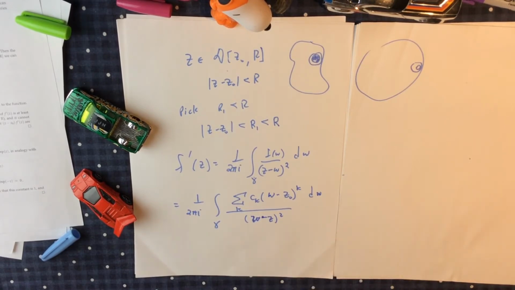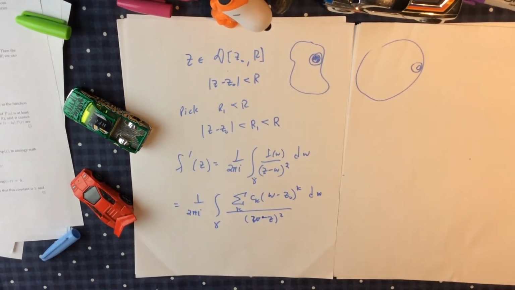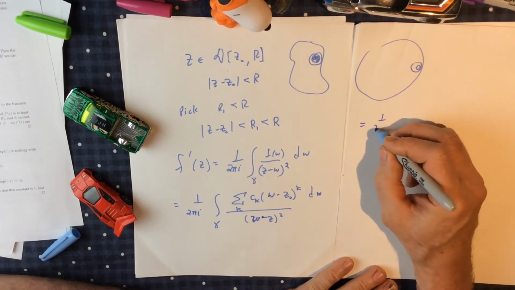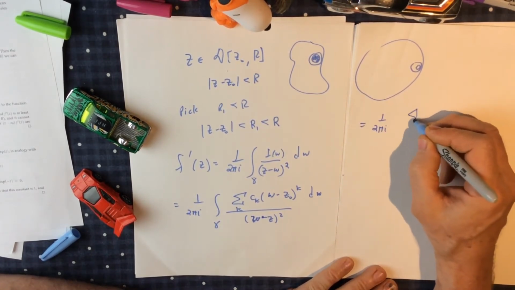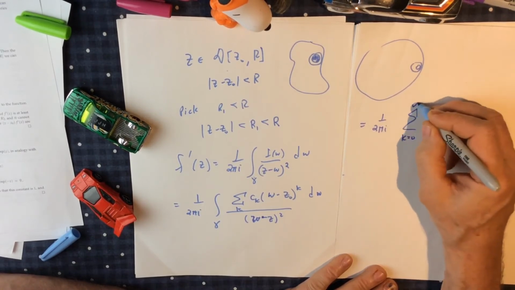So now, the trick that we're going to do is the following. We're going to take the sum and the integral and switch them, and we can do this because of the absolute convergence. And so now we have 1 over 2 pi i times the sum, k equals 0 to infinity.